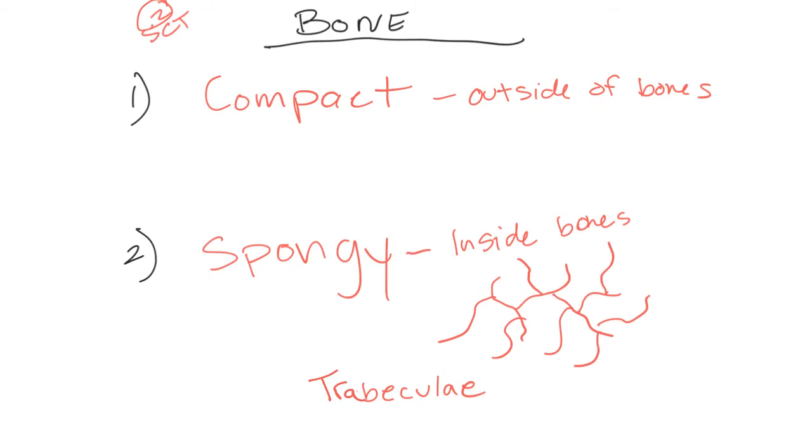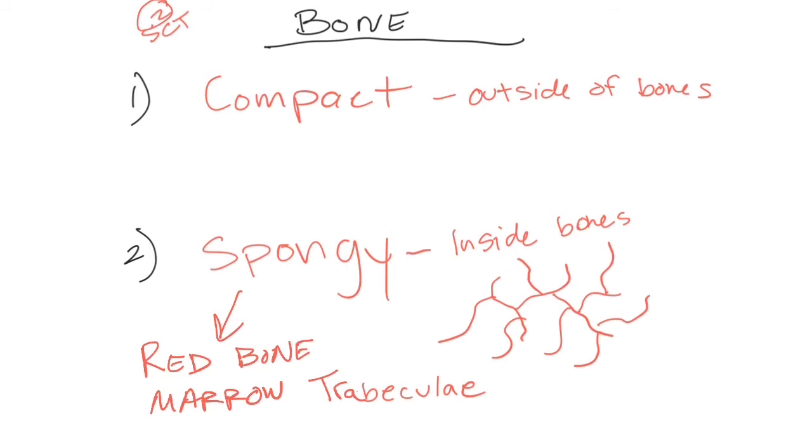Student: Is spongy bone like bone marrow? Within the spongy bone, you will have red bone marrow, which is where hematopoiesis occurs, where blood cells are first made and then released into the bloodstream.